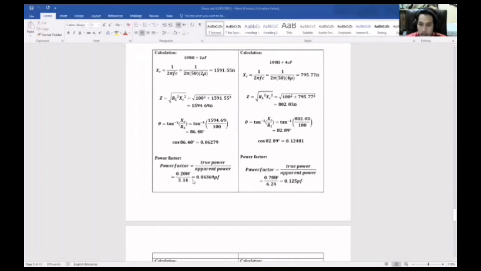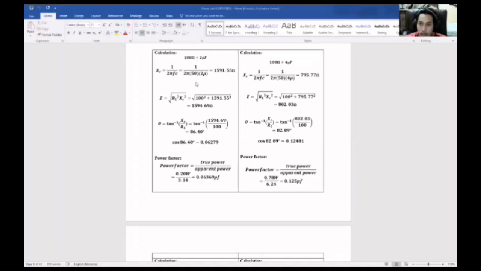Then we use the cos, and the last thing that we need to find is the power factor, for which we use this formula. Power factor equals true power or real power over apparent power. So we put in the values that we got, and we got the answer.